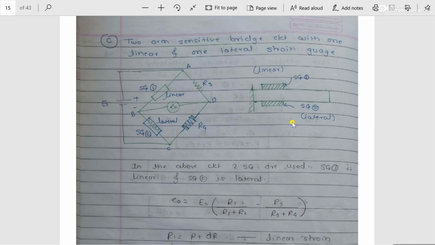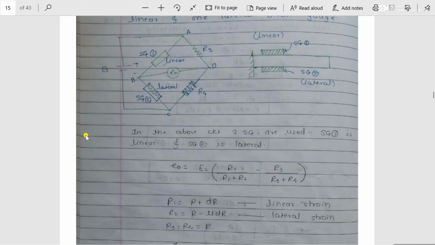As we know, a simple example: if the linear strain is given and we have to calculate the lateral strain, along with the linear strain one constant parameter is also given, that is mu. And the simple formula is: lateral strain is equal to mu into linear strain. That means by using the value of linear strain and the value of mu, that is Poisson's ratio, I can calculate the lateral strain. Therefore, that mu factor plays a very important role during the lateral strain calculations.